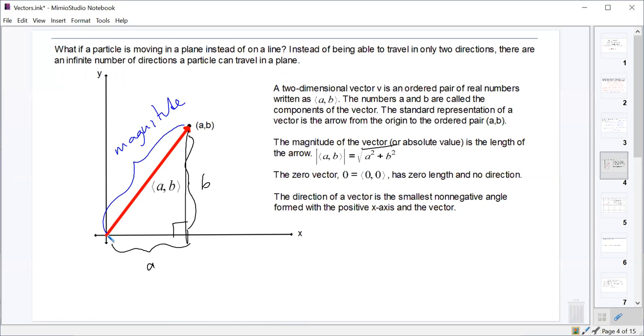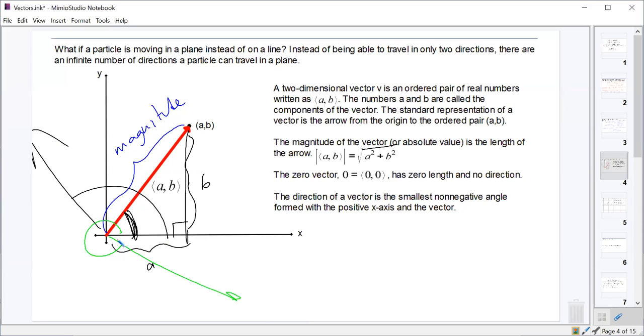And also, we want to talk about the direction of a vector. The direction of any vector is the smallest non-negative angle that we can form with the positive x-axis and the vector. So this angle right here is the direction of the vector. If my vector was pointing out here, then this angle would be the direction of my vector. If my vector was pointing this direction, the smallest non-negative angle is this one, right?